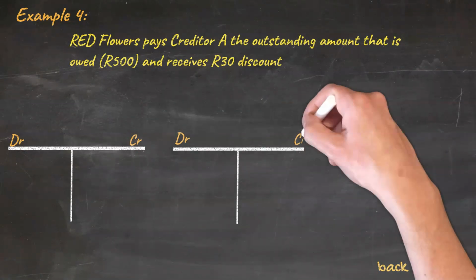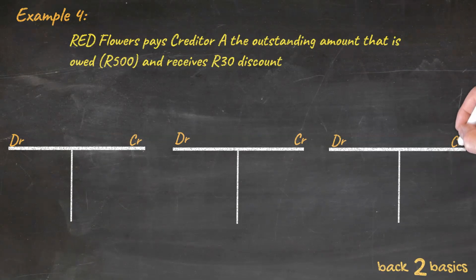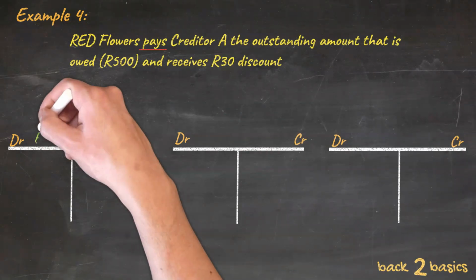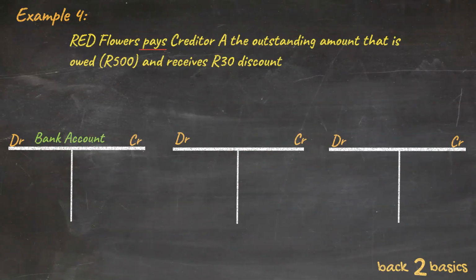So from this example we can extract that a payment was made, so the bank account is affected. The payment was made to a creditor, so creditors control account, which is classified as a liability account, is affected. And discount was received, so discount received account is affected, which is part of income accounts.